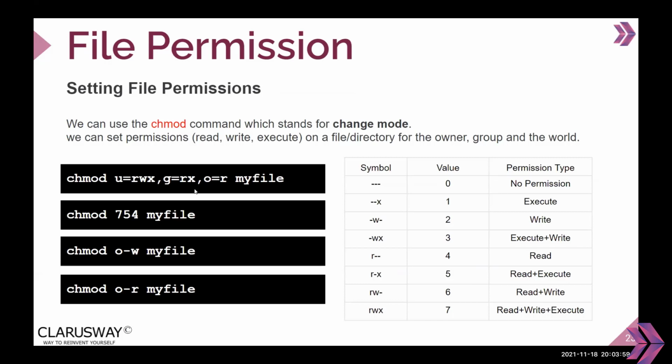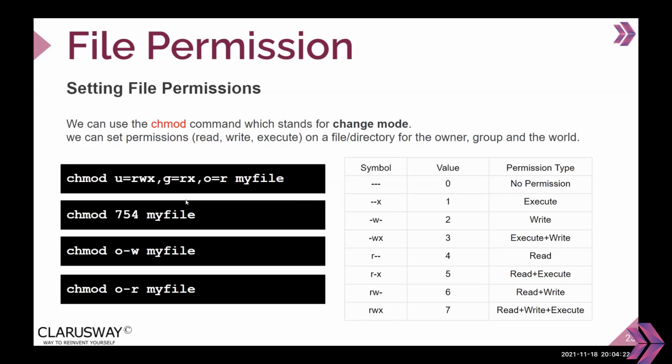Now, the other way to do it is to say, well, I don't want to have to specify everything all the time. Sometimes I just want to change certain permissions or add a permission or remove a permission. I don't need to specify the whole thing all the time.